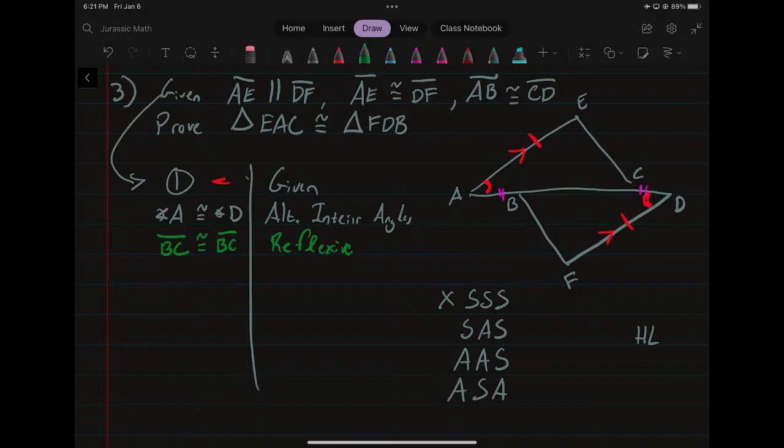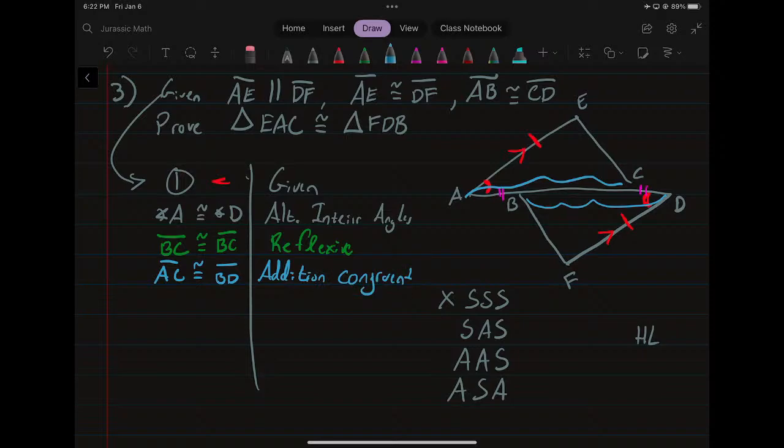Now, the next thing that the computer says is AC is congruent to BD. So we want this one and this one. And the reason is because of the addition of congruent parts.